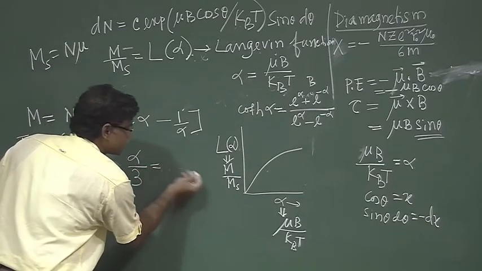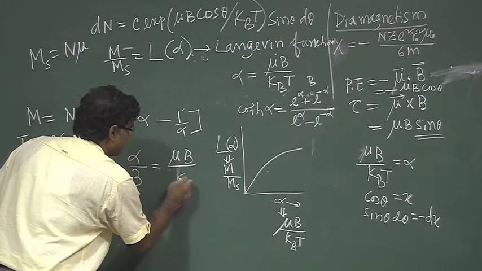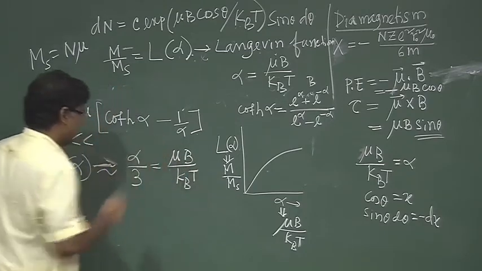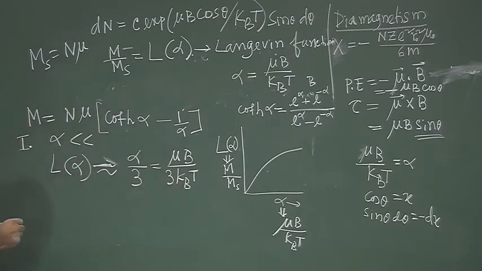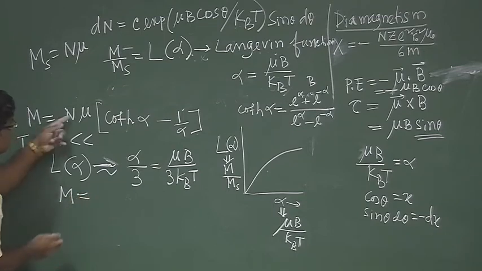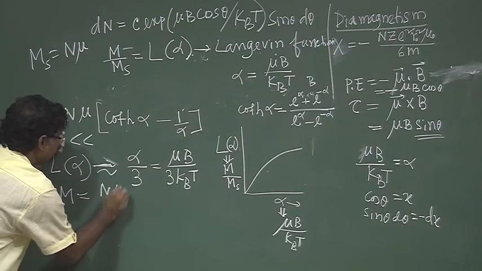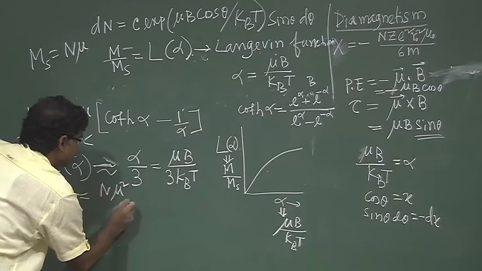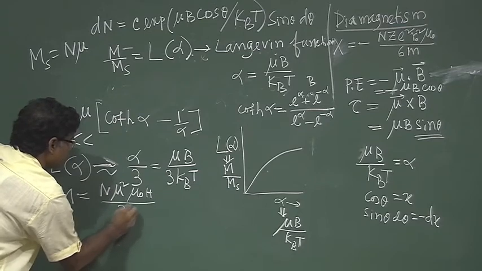So alpha is mu B by kBT, and this 3 is there. Under this condition I will get m equal to n mu square B, where B is mu 0 H, by 3 kBT.